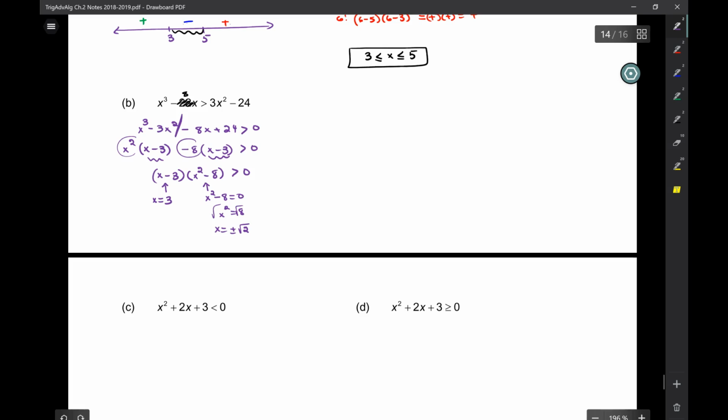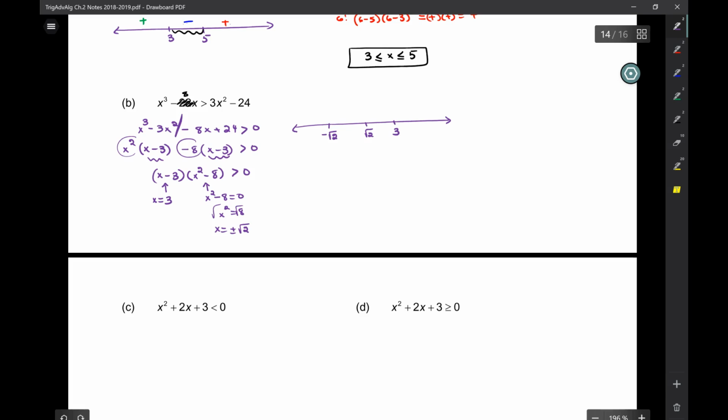So now I have all of those numbers that I can put on my number line. Root 8 is less than 3. It's 1.4. So the order it's going to be in is negative root 8, positive root 8, and then 3.